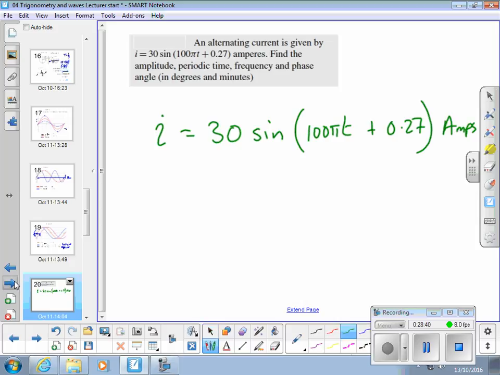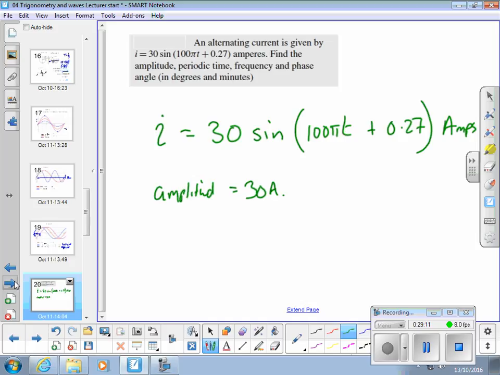Very important. It means the instantaneous value at a given time t will be found via that function. Find the peak amplitude. It's 30 amps. You just pull it out of the equation.